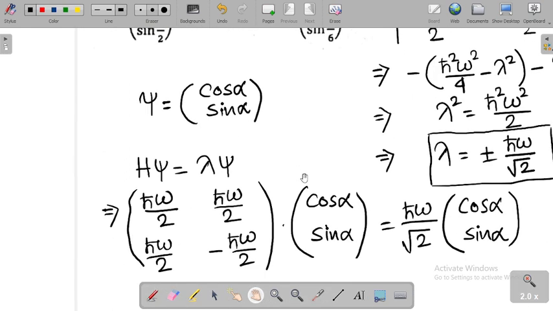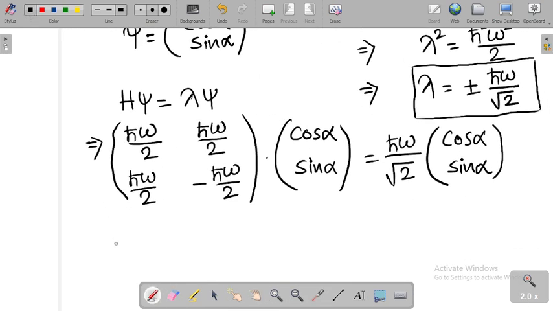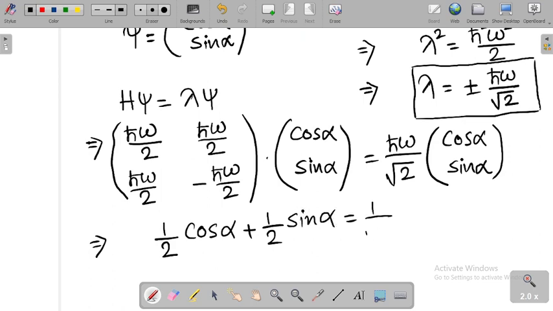From here we can find half cosine of alpha plus half sine of alpha is equal to 1 by root 2 cosine of alpha.